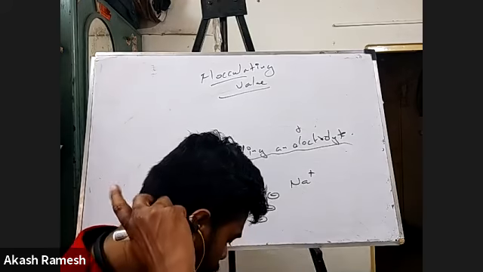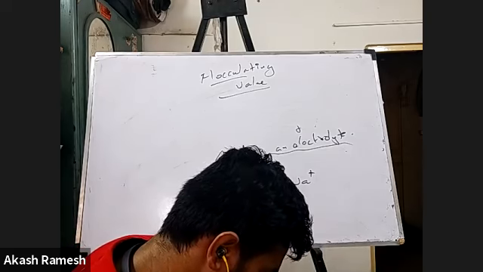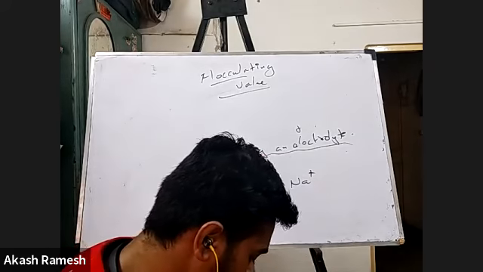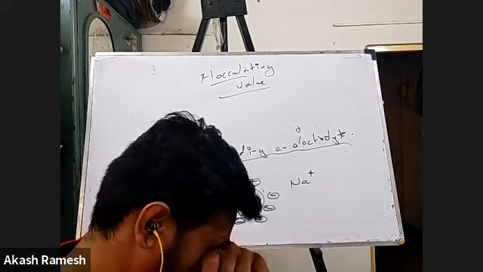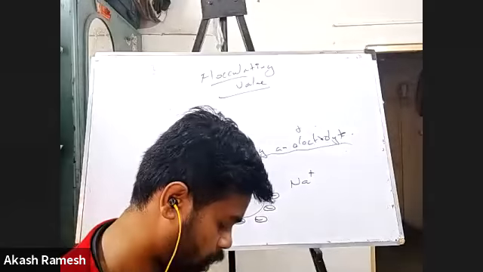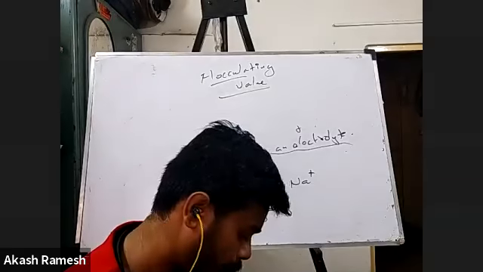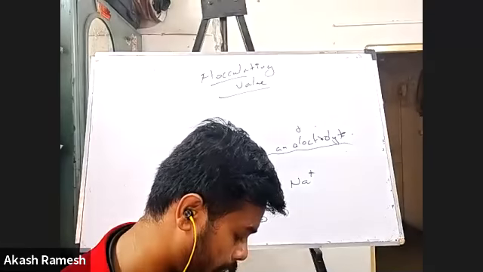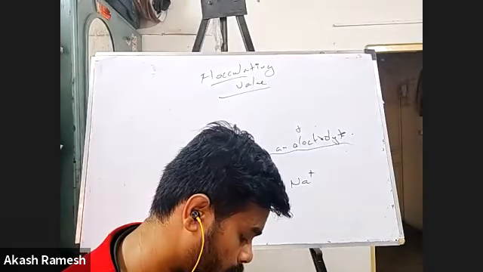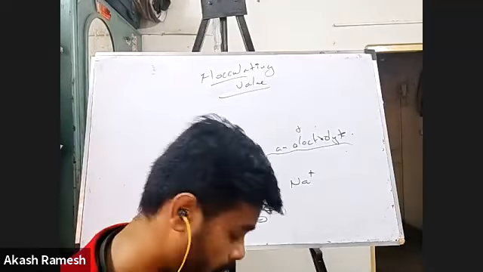Take down: it is equal to the minimum concentration of an electrolyte required to coagulate 1 liter of sol, or colloid, completely.